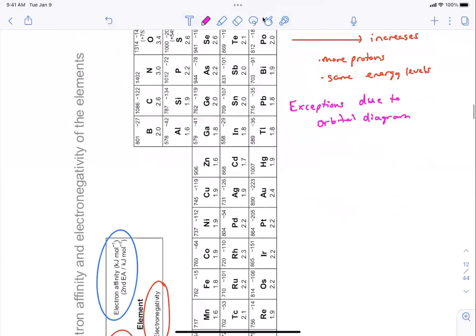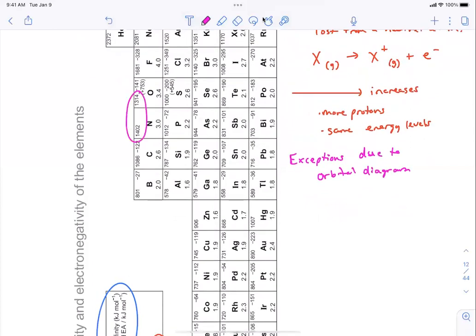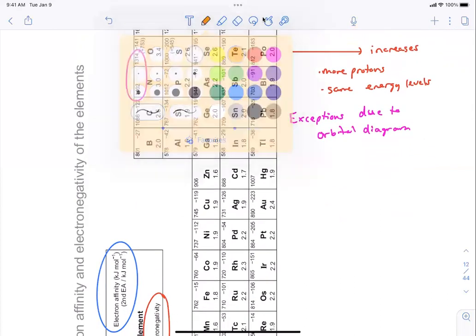Because like we said here, if you look at nitrogen and oxygen, nitrogen's is 1402, oxygen's is 1314. That doesn't make sense because oxygen should be higher according to our trend. So what it comes down to is this.